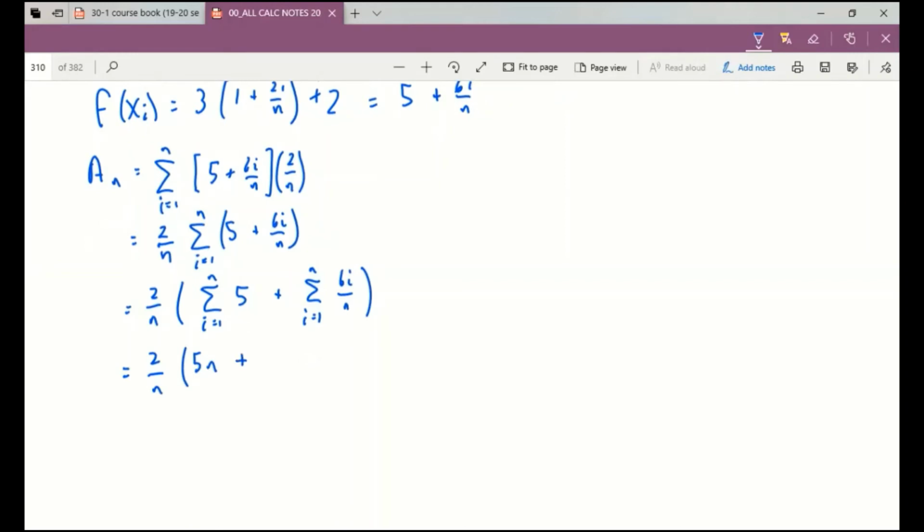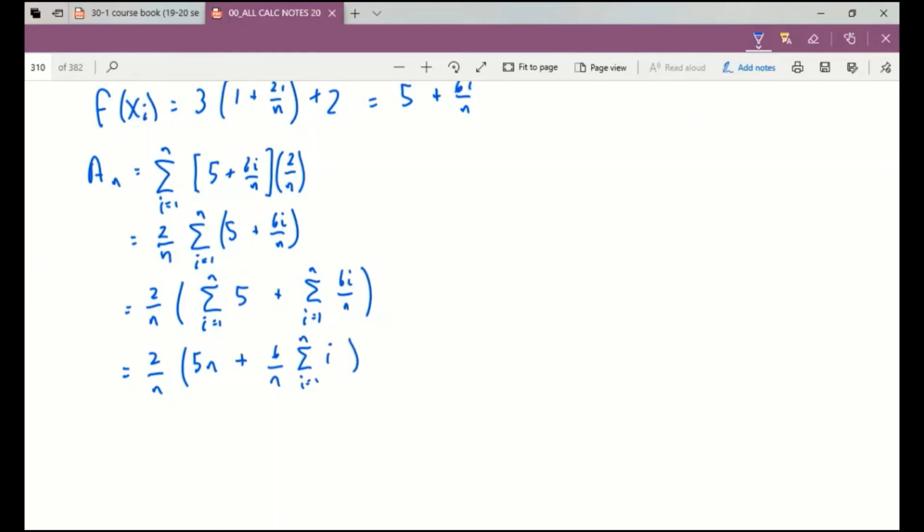This second term, let's bring this 6 over n outside of the summation, and now this is just the summation of i going from 1 to n of i.